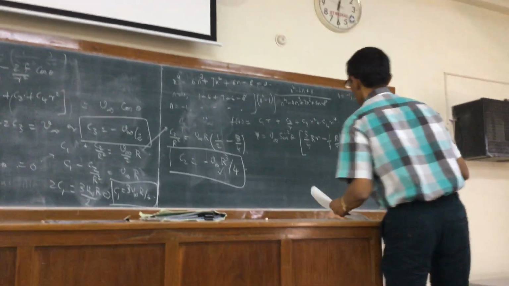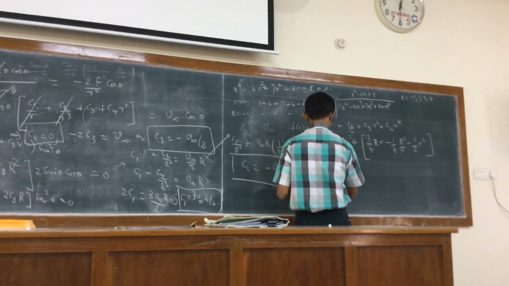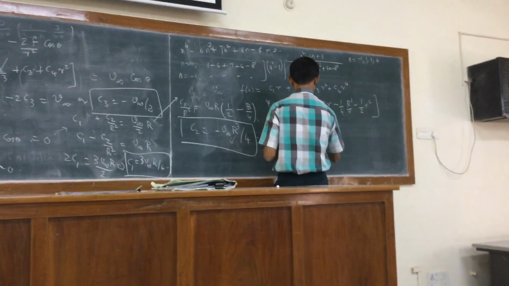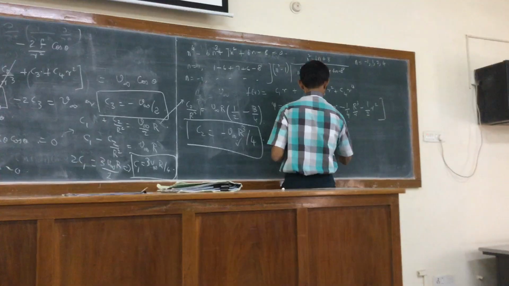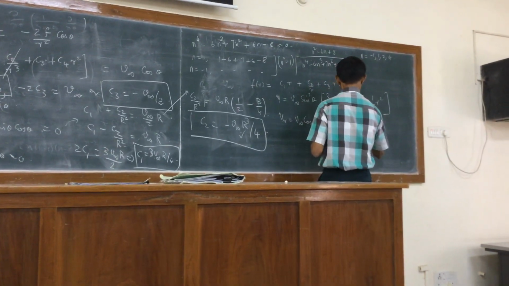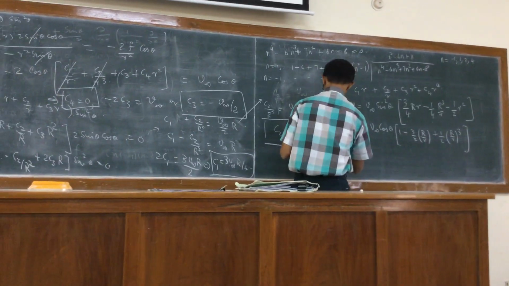And so the final equations can be written as Vr is b infinity cos theta, and it can be written like this.